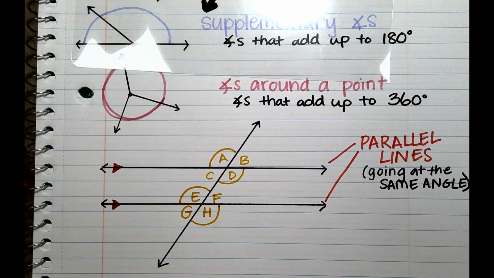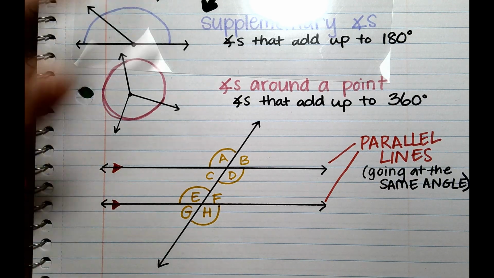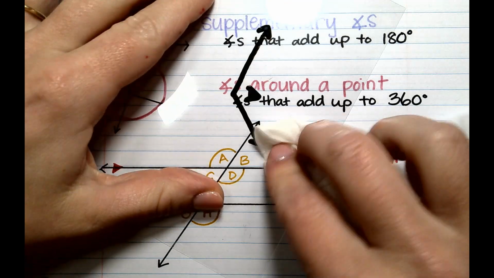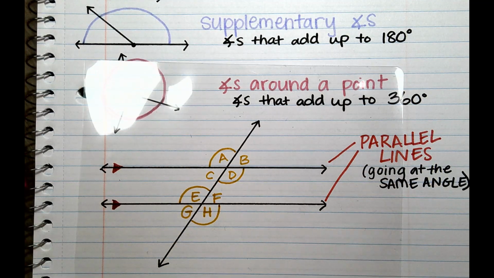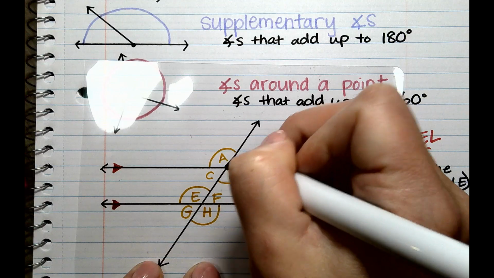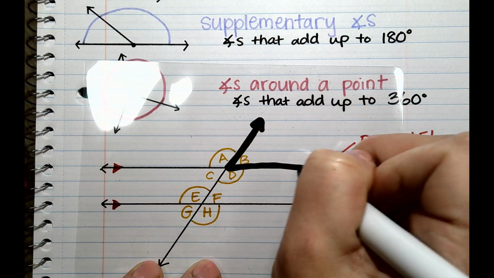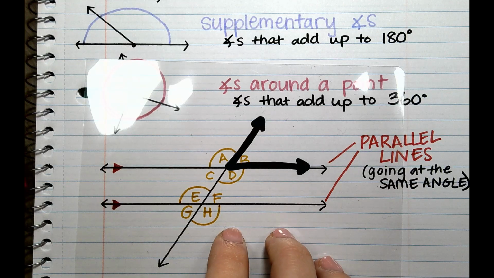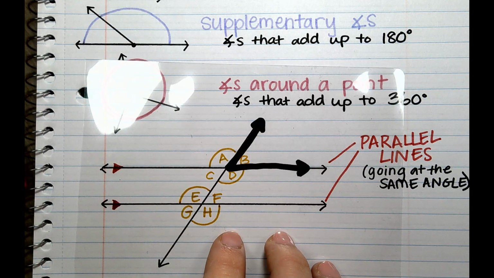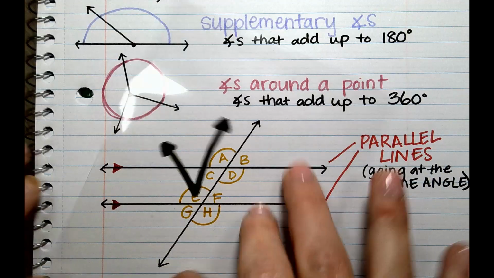Okay. So what if I look at angle B now? I'm going to trace angle B. What angle is equal to angle B? C is equal.